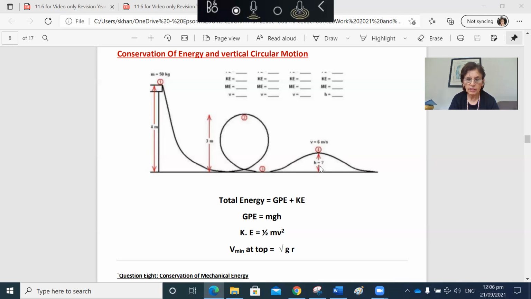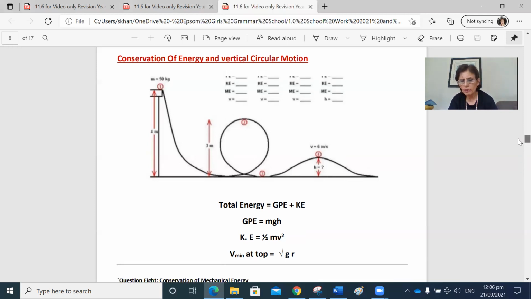That means the upward support force will be less than the gravity force. The unbalanced force, or centripetal force, will be downwards, and that will be Fg minus the support force. By using that calculation, we can calculate the speed.